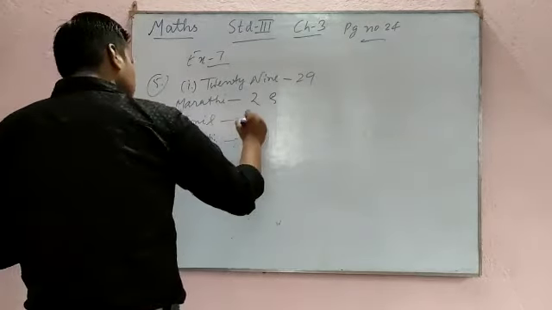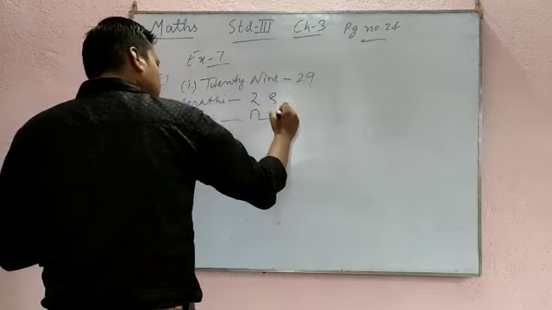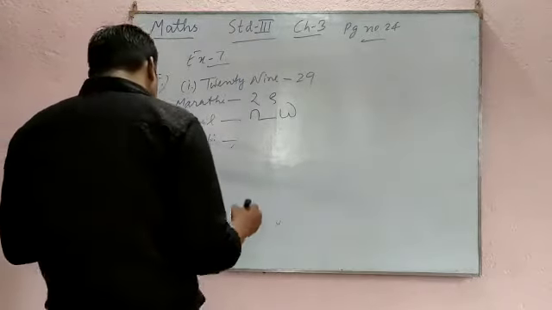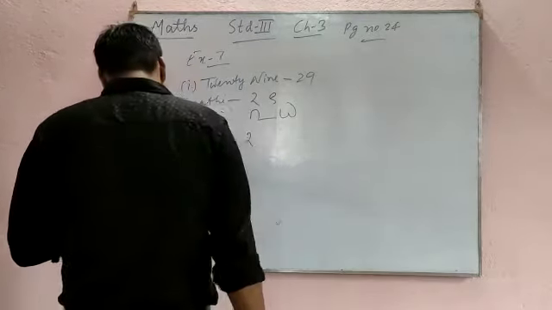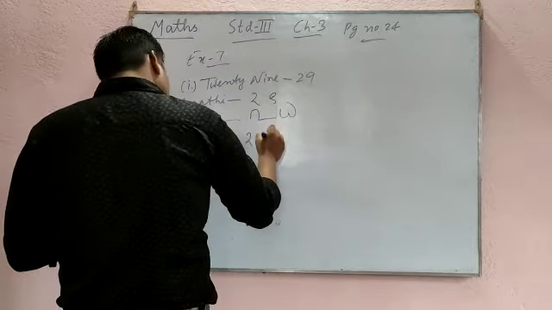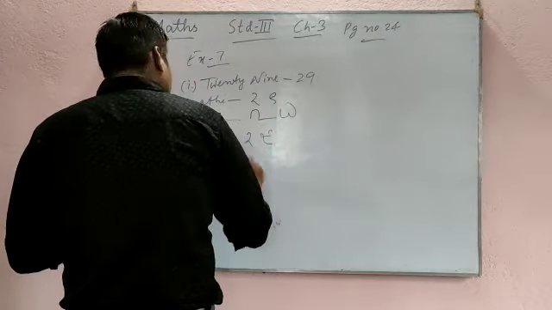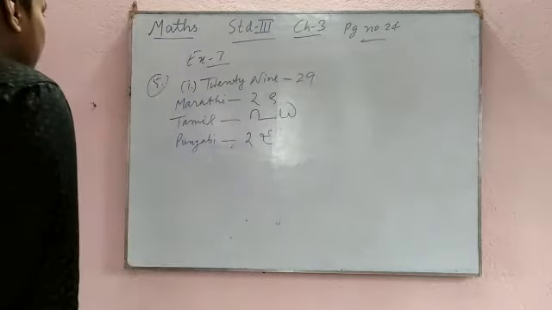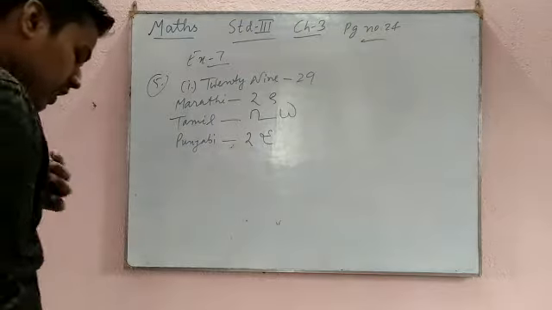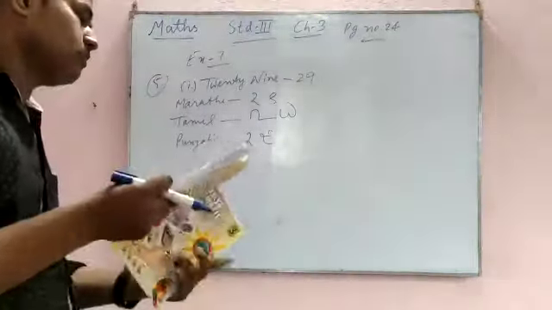So Tamil 2 is like this. 2 and 9. Now go for Punjabi 2 and 9. 9 is little different, you can see. So this is Marathi 29, this is Tamil 29 and the last one is Punjabi 29. So with the help of page number 25, you have to solve question number 5.